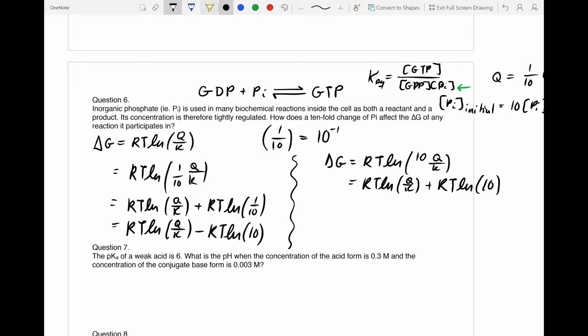And now whatever value we had for the change in free energy is now going to be increased by RT natural log 10. And that's about 5.8 kilojoules per mole.